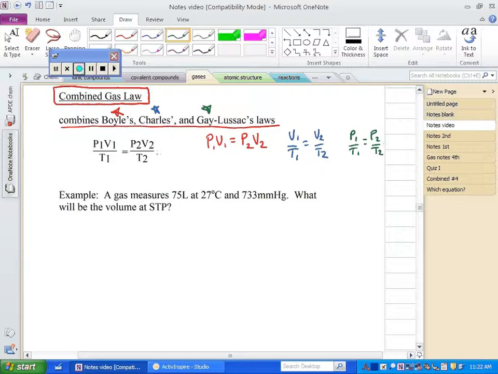So, we use this when nothing is held constant.